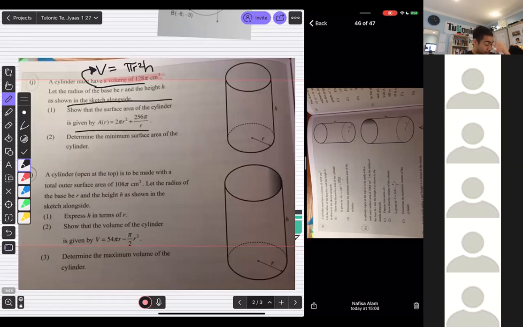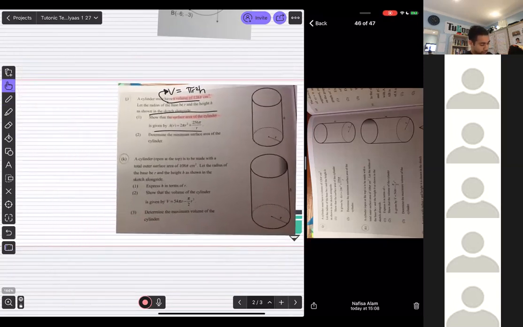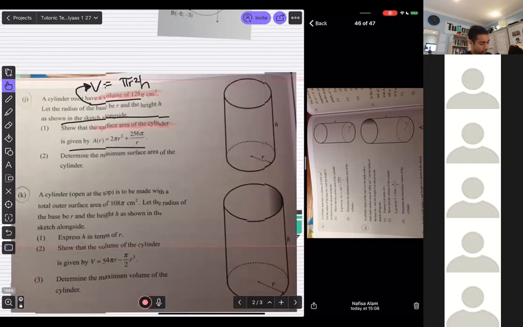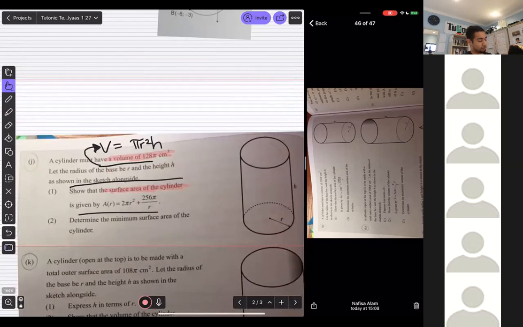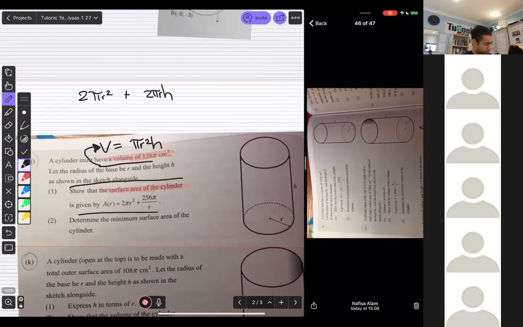Now it says, show that the surface area is that. When they say surface area, that's English. Now, what's the equation of the surface area of a cylinder? You can actually work it out. You don't actually have to memorize it. It's 2 pi r squared plus 2 pi r h, because the surface area is this circle and that circle, so that's 2 pi r squared.